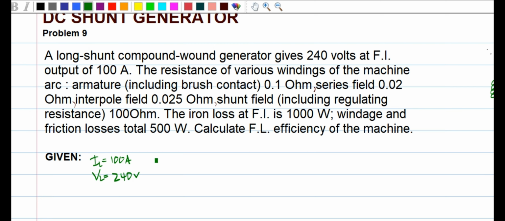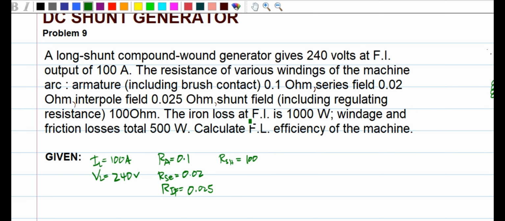Resistance of various windings: armature RA of 0.1, series field RSE of 0.02, interpole field of 0.025, shunt field RSH is equal to 100 ohm.